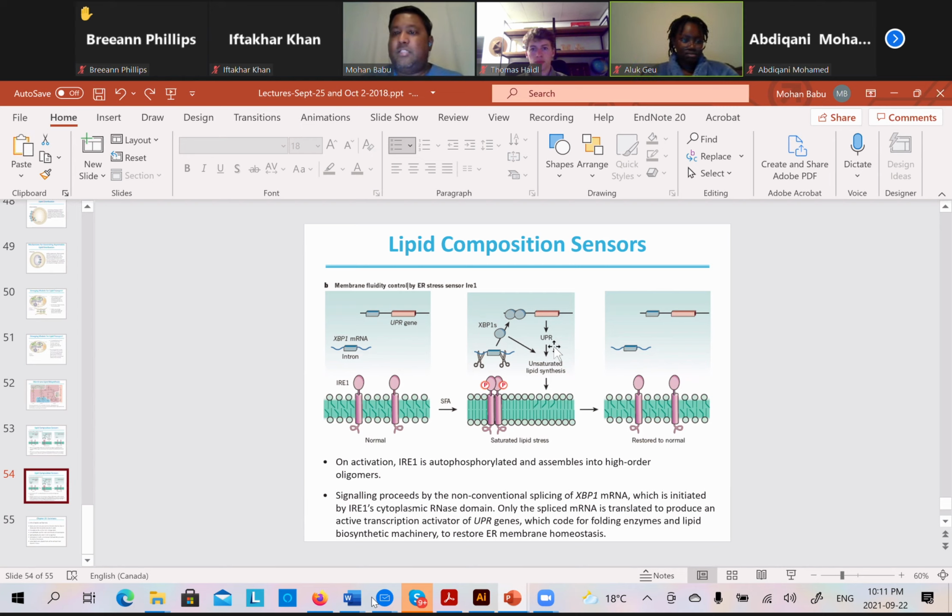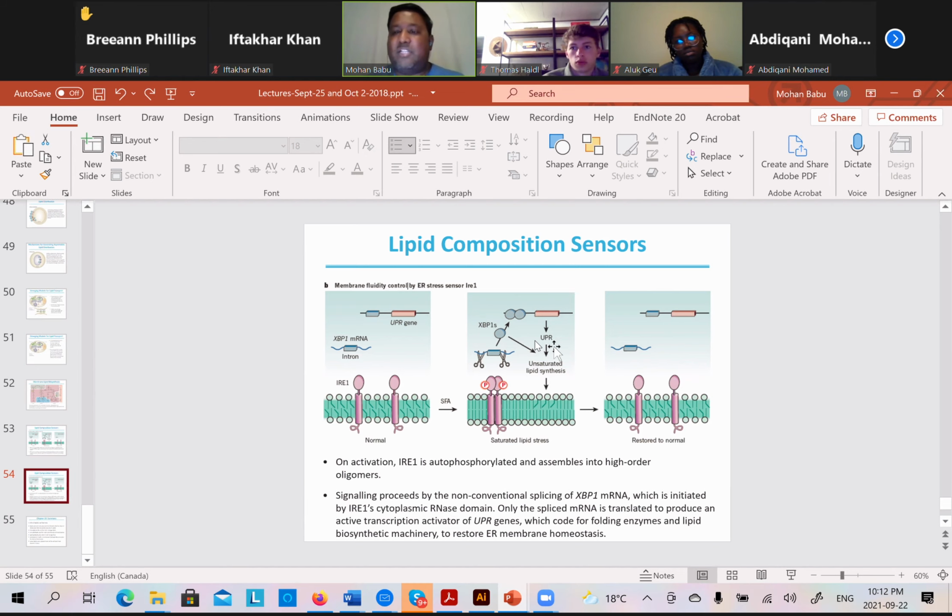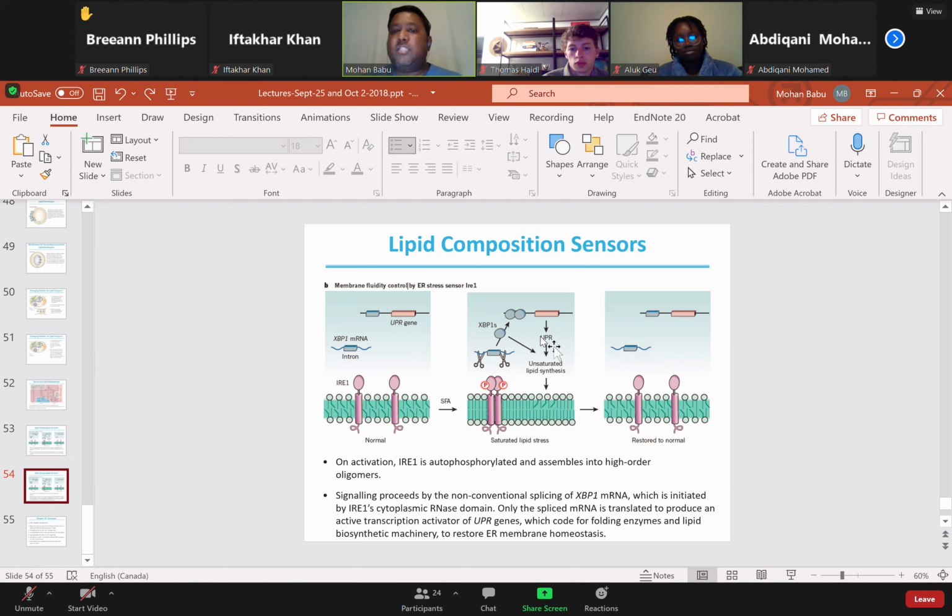So this is the only way the IRE1 can restore the ER homeostasis or the membrane homeostasis back. So it has to activate the unfolded protein response. Don't get confused about the name, unfolded protein response genes. That's how it's called. Under stressful conditions, these UPR genes need to be activated.